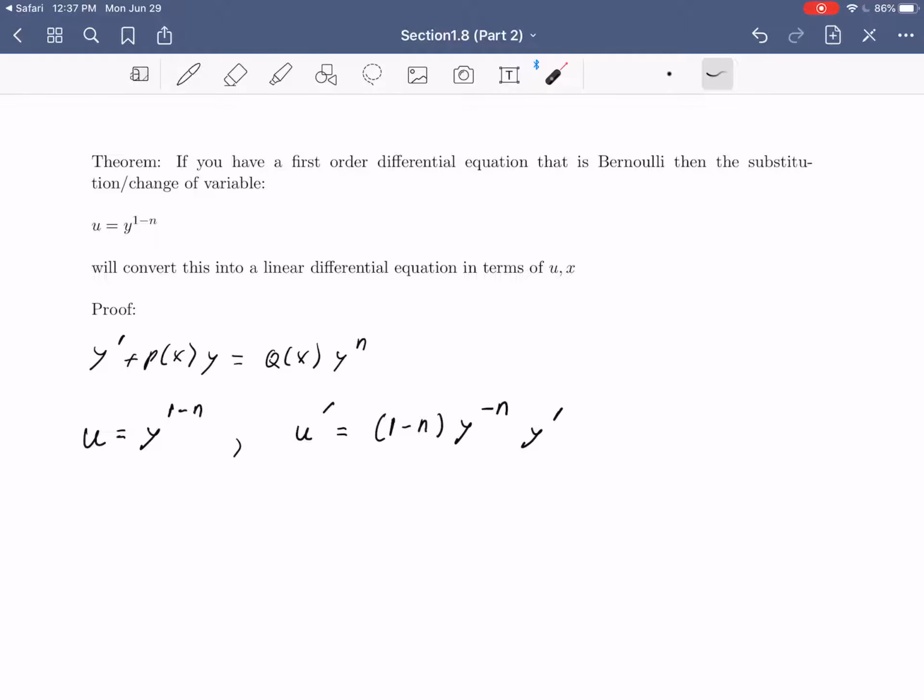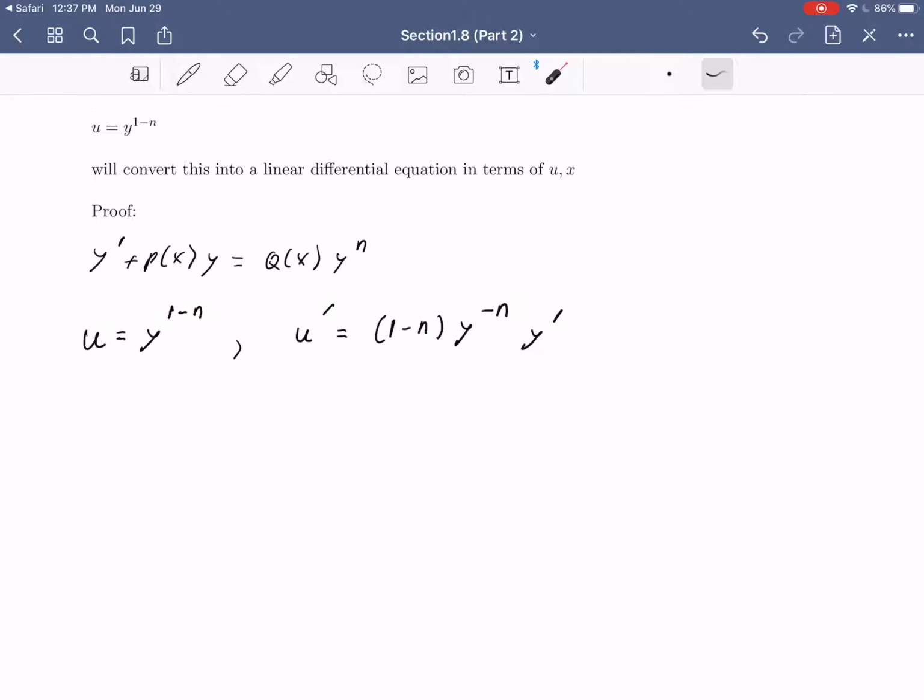Now, it might not be immediately clear where we're going to find this expression, so let's hold off for a second. We'll just keep this substitution there, and we'll try to manipulate this form a little bit. Notice that our substitution involves y to the 1 minus n and y to the negative n. So it might be a good idea to divide through by y to the n. So let's take our original Bernoulli differential equation and divide through by y to the n.